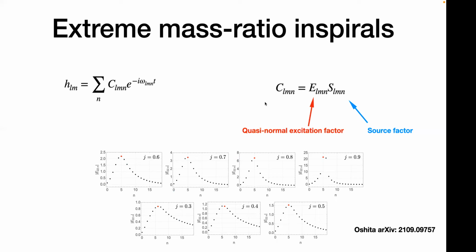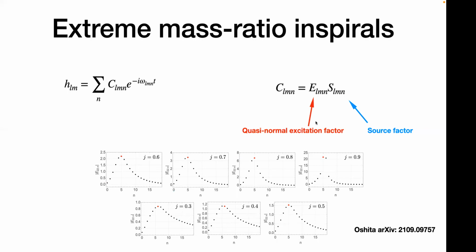The first one is called the quasinormal mode excitation factor. It is fully determined by the nature of the primary black hole. So it has nothing to do with the orbital dynamics. The second term is called the source factor. It contains the information about how the small particle plunges into the primary black hole.